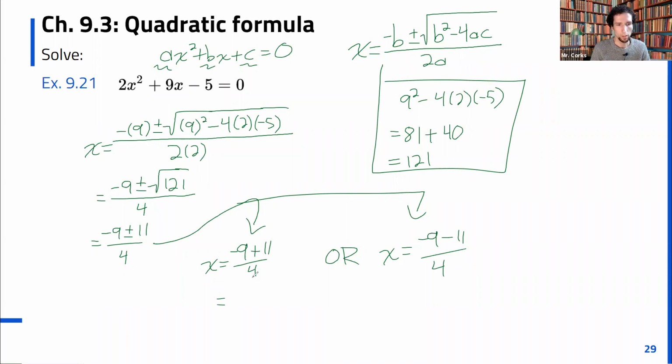On the right here, what do we get? 1 over 2. So we get 2 over 4, reduce it to 1 over 2. And on the right, what do we get? Negative 5. So negative 20 over 4, negative 5. So there are the values for x. Like usual, we could sub them in and verify our solution. I'm going to skip that part.